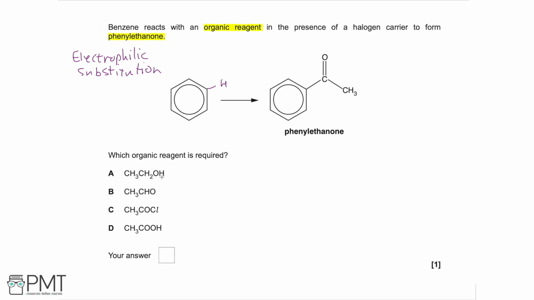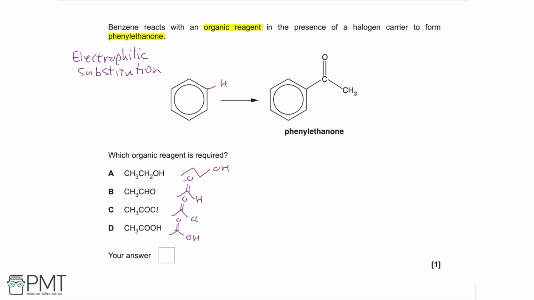So first of all, it's going to be good to draw all of these options to see which one is going to work. So first of all, we have ethanol, then we have ethanal, then we have ethanoyl chloride, and finally ethanoic acid.